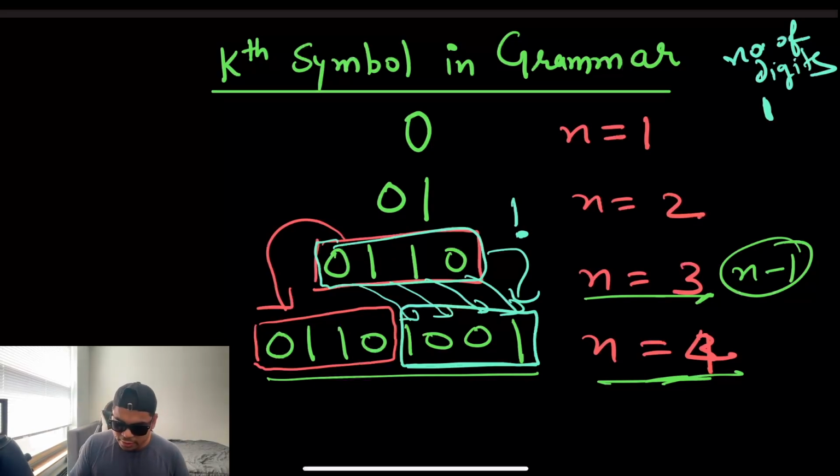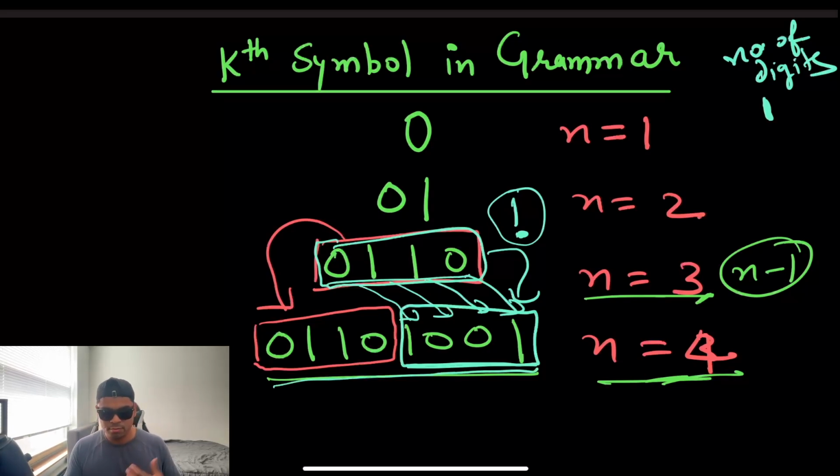If you apply NOT on every digit, flip them and put them here, then this becomes my nth row of the grammar. But I'm just trying to see this pattern. So the number of digits when n is equal to 1 is 1.